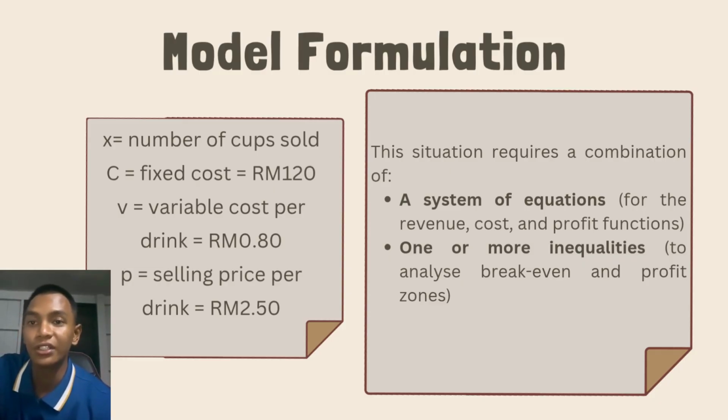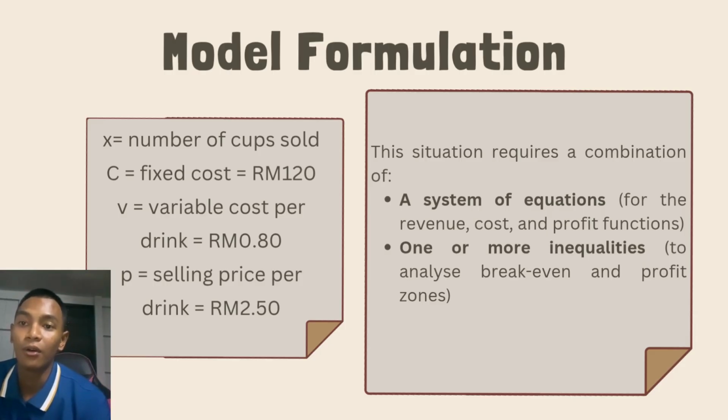This situation requires a combination of, first, a system of equations for the revenue, cost and profit functions, and second, one or more inequalities to analyze the break-even and profit zones.